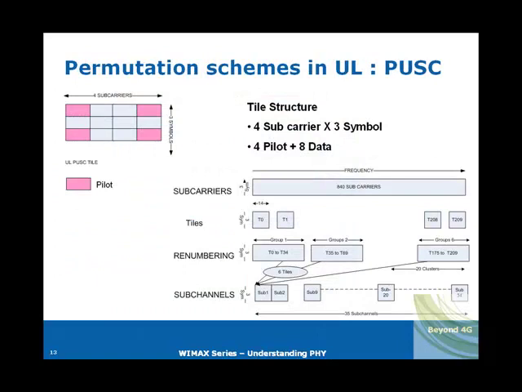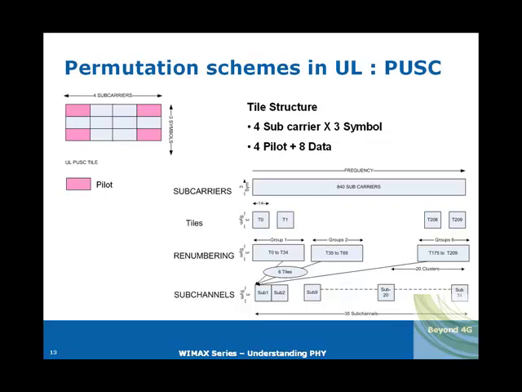Let's quickly see the uplink PUSC. In uplink we have 35 subchannels in 10 megahertz of bandwidth. The smallest unit in uplink PUSC is a tile, with 4 subcarriers by 3 symbols, which means 12. Out of the 12 there are 8 data and 4 pilot.